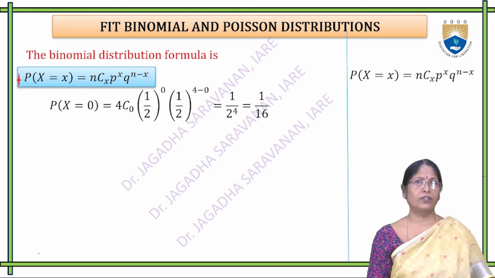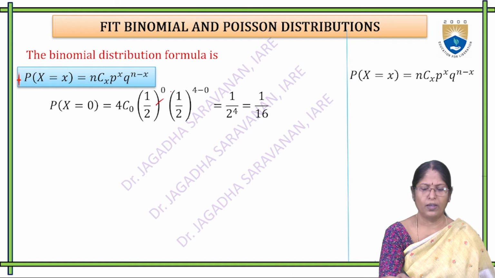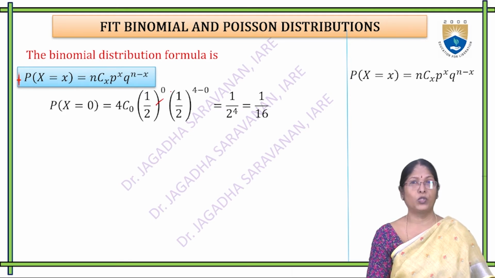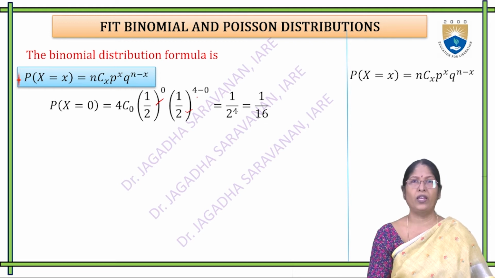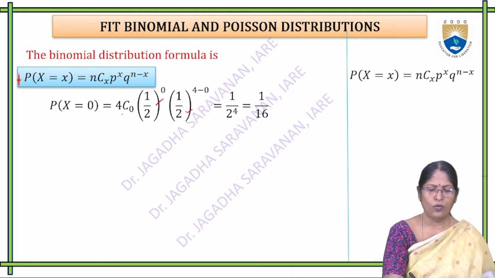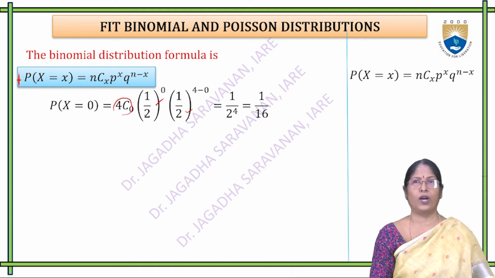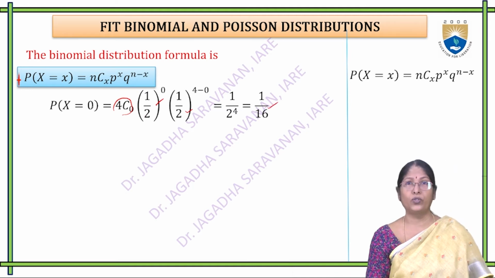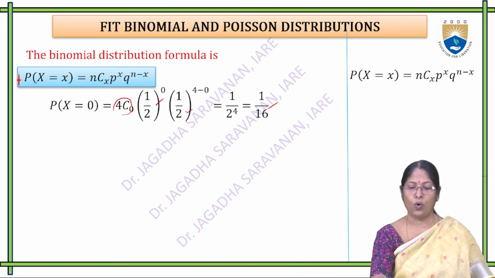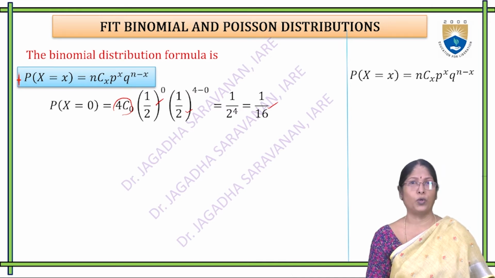Then we obtain a power 0, the value is 1; here also (1 by 2) power 0 is 1; and (1 by 2) power 4 is 1 by 2 power 4. 4C0 is 1. We obtained, when x equals 0, the probability is 1 by 16.